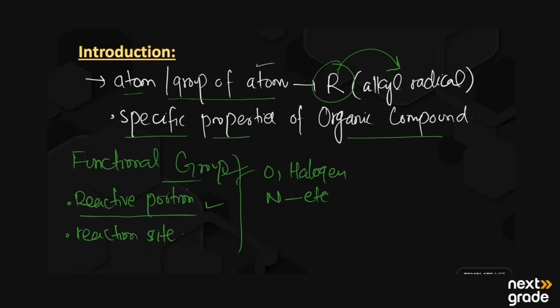So once we identify the functional group of an organic compound, we will be able to identify the properties of the compound, and we will be able to categorize the organic compounds into specific homologous series.